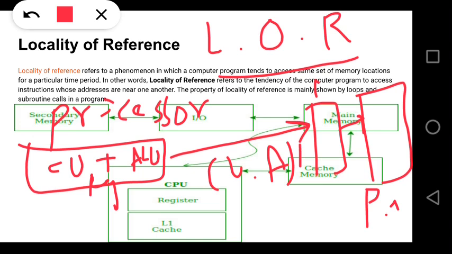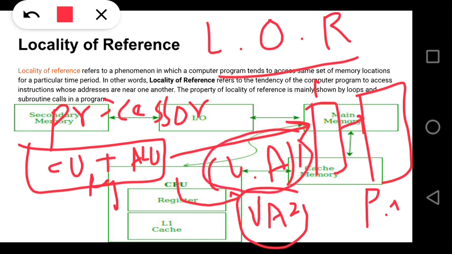This is virtual address 1. Next time when you issue virtual address 2, there is a tendency that virtual address 2 is near to virtual address 1. So both are nearby, in the sense that they are stored very near each other in the physical memory, that is main memory.